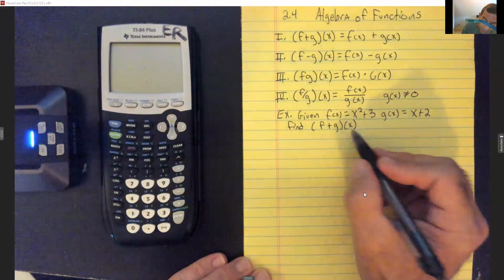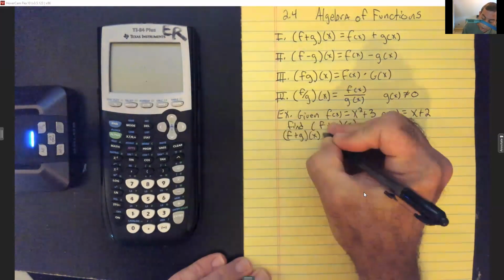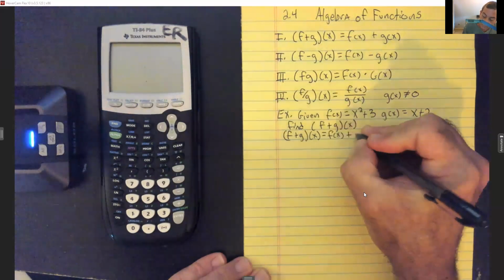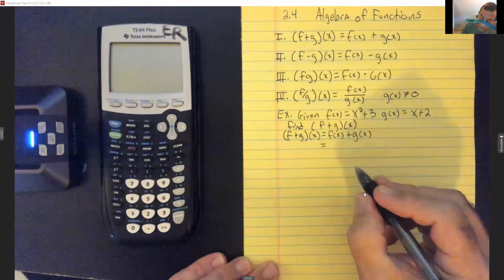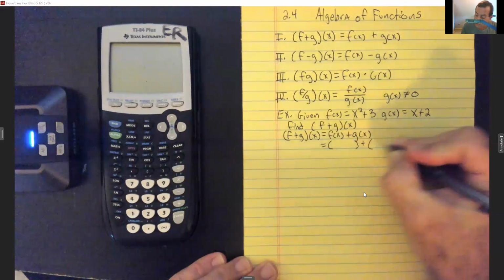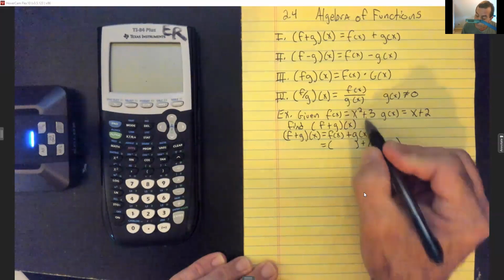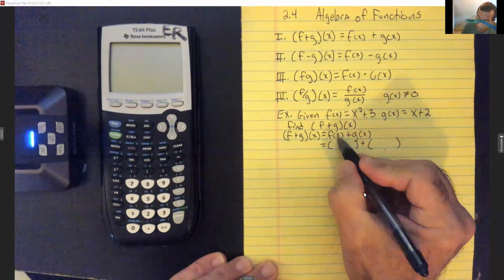So f plus g of x is going to equal f of x plus g of x. All right, so what I do on these is I take parentheses and replace each function with parentheses, and then I put what it gives me for the functions inside my parentheses. So my f of x here was x squared plus 3.